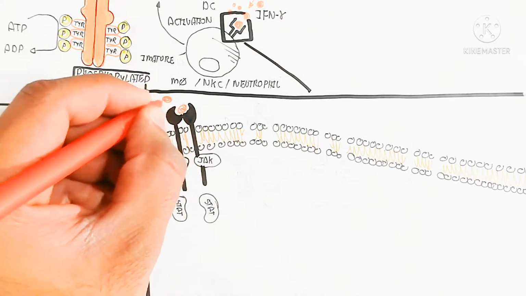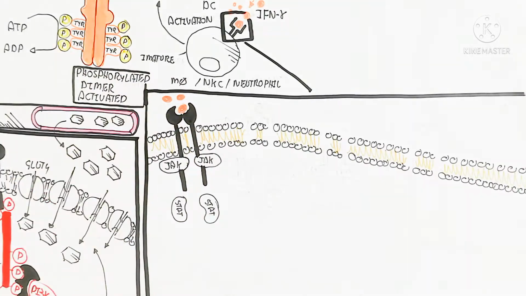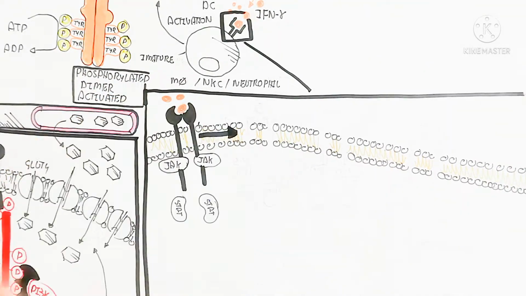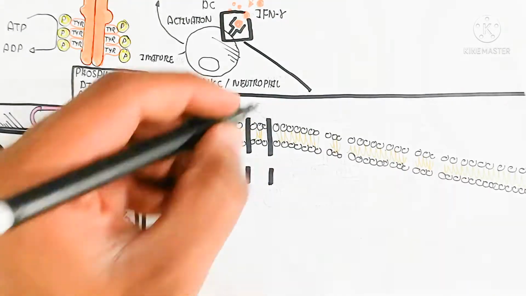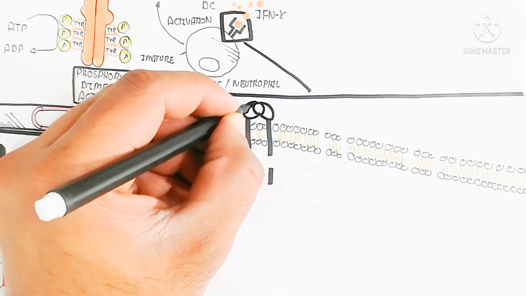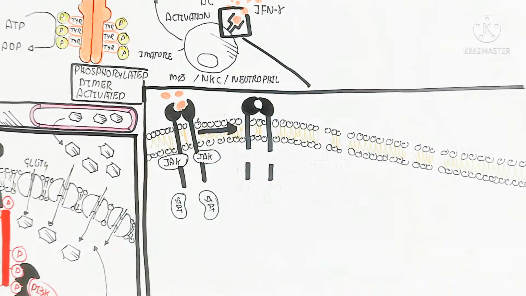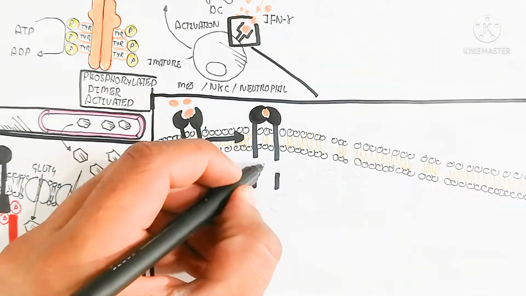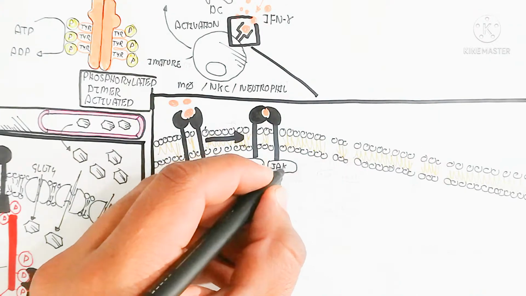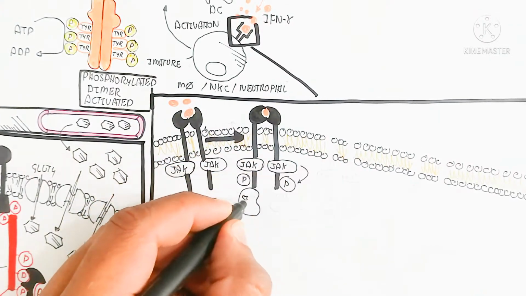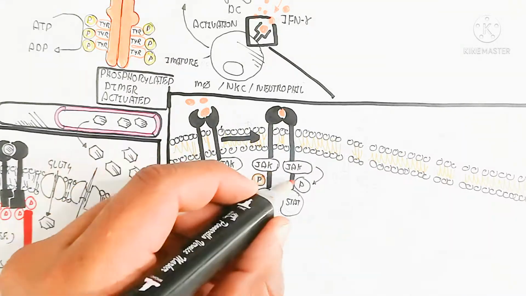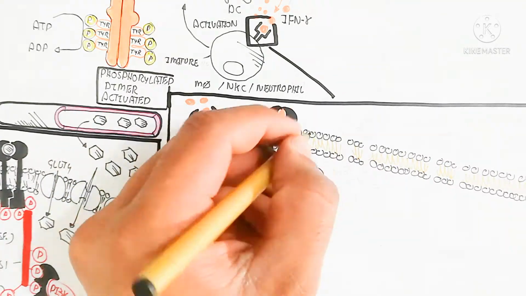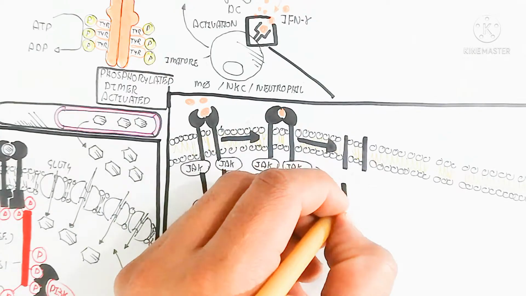Here is a dimer which binds with interferon gamma. After this binding, there are many cytokines, but here I am taking interferon gamma. So the Janus activated kinase, JAK, protein will bind both tyrosine domains, and here are the intracellular and extracellular parts used for the receptor binding protein.